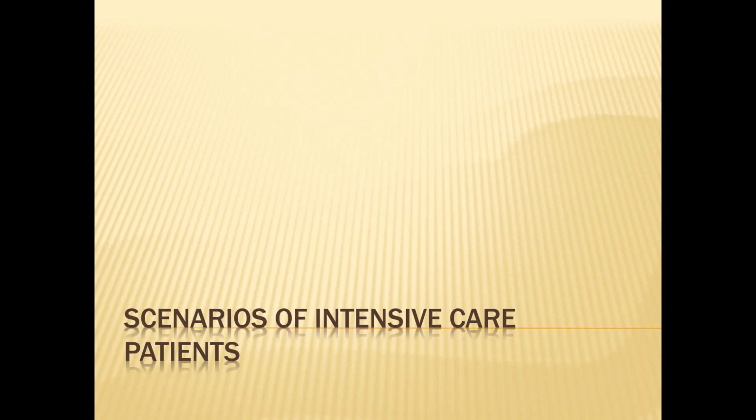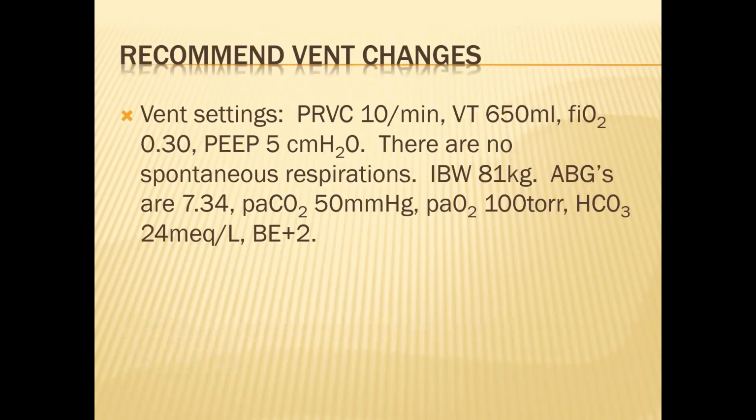All right, so first scenario gives you ventilator settings. And we need to recommend ventilator changes. So we're in PRVC mode. The set rate is 10 breaths per minute. The tidal volume is set at 650 ml, FiO2 0.3, and the PEEP is 5.